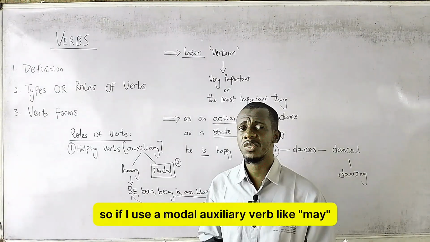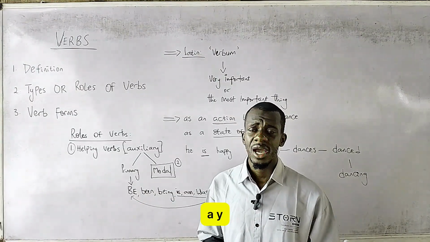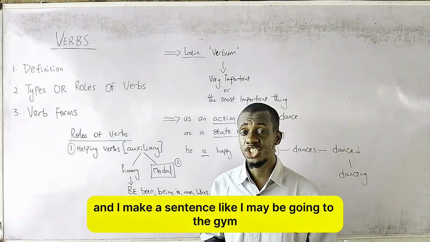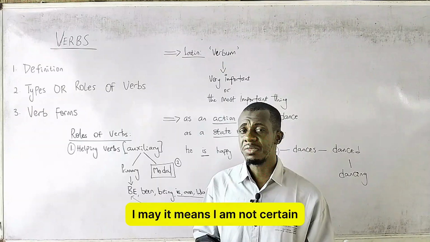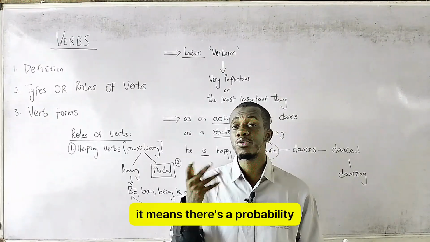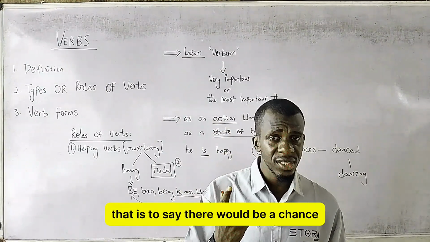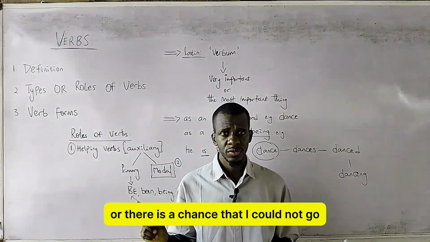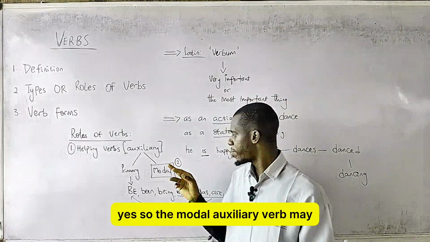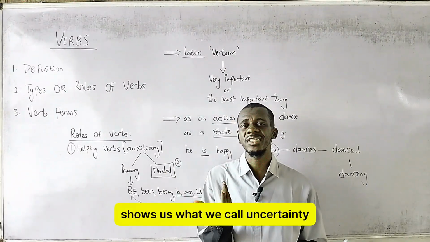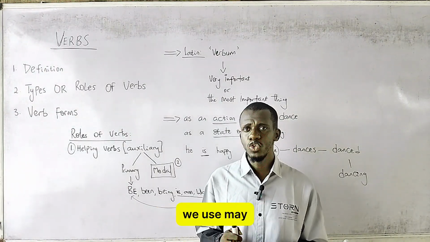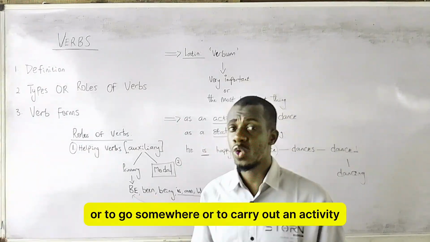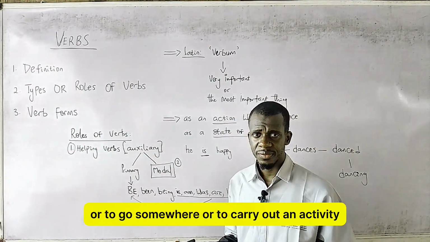So if I use a modal auxiliary verb like may, M-A-Y, and I make a sentence like I may be going to the gym, I may, it means I am not certain. It means there's a probability, that is to say there is a chance that I could go, or there is a chance that I could not go. Yes. So the modal auxiliary verb may shows us what we call uncertainty. You are not certain. So we use may when we are not sure of our having to do something or to go somewhere or to carry out an activity.